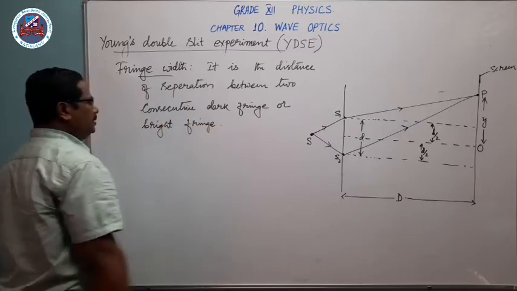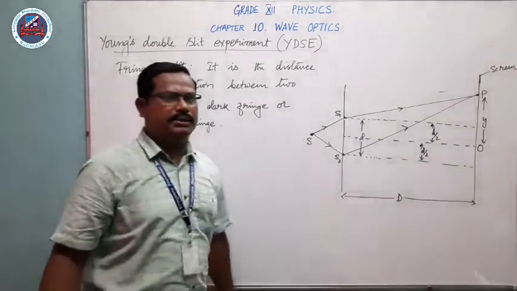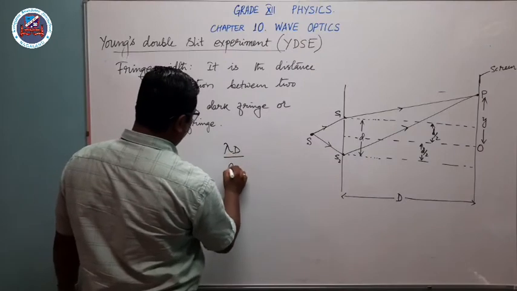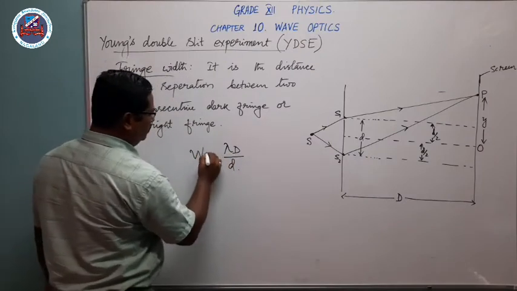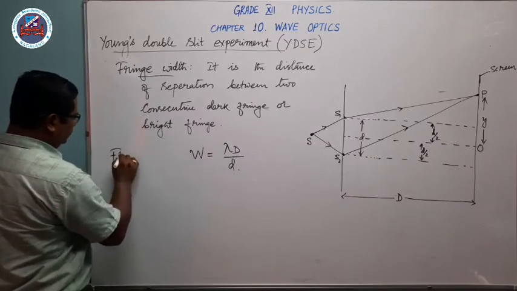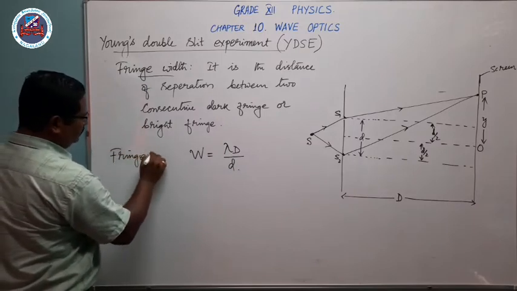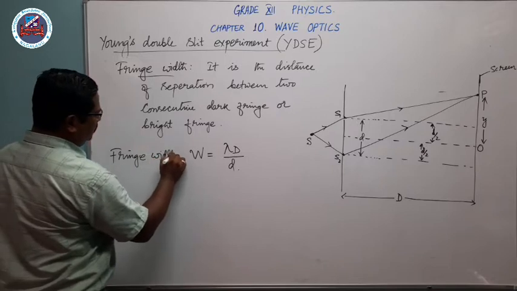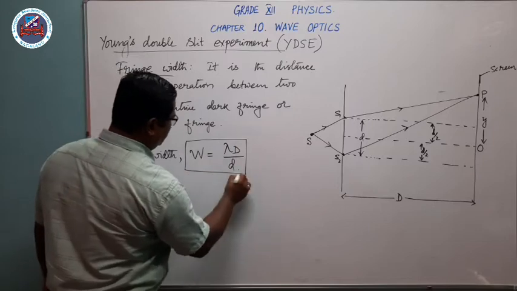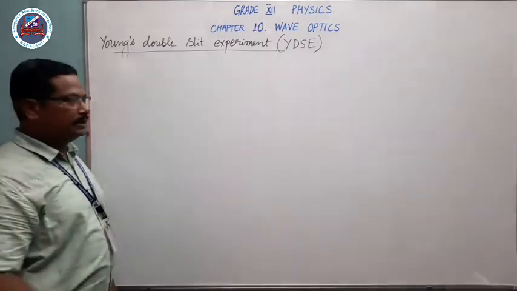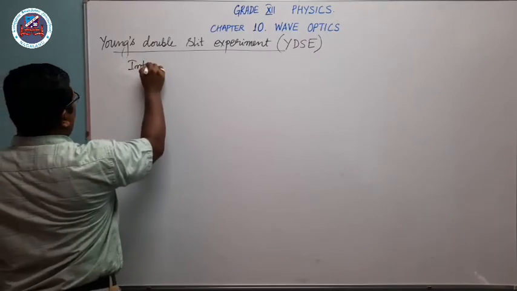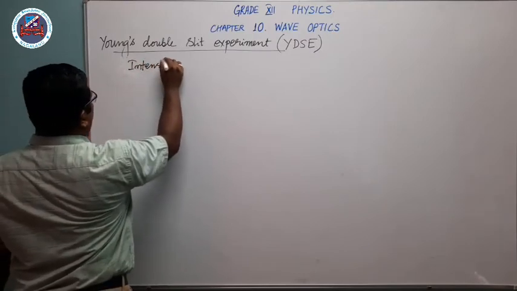As we know that the distance between two consecutive bright as well as dark fringes is lambda D by d, your fringe width will also be given by the same formula. Fringe width we write as w. That will be lambda D by d.